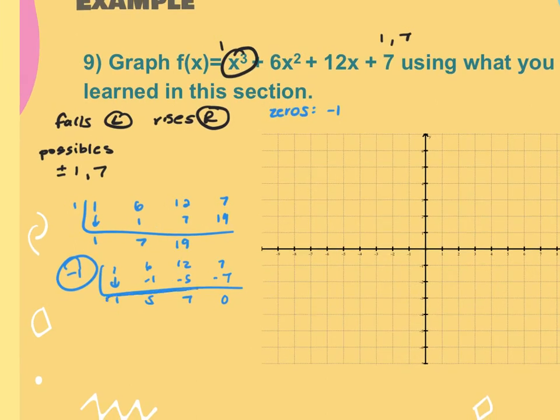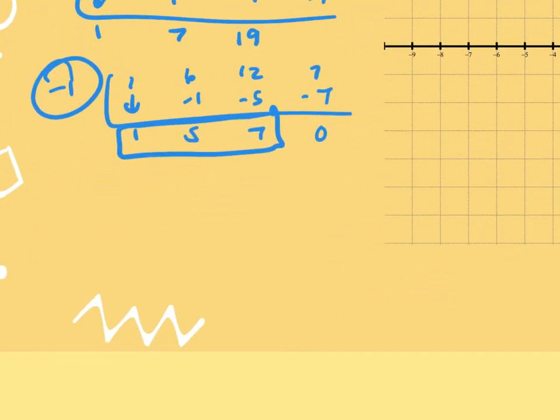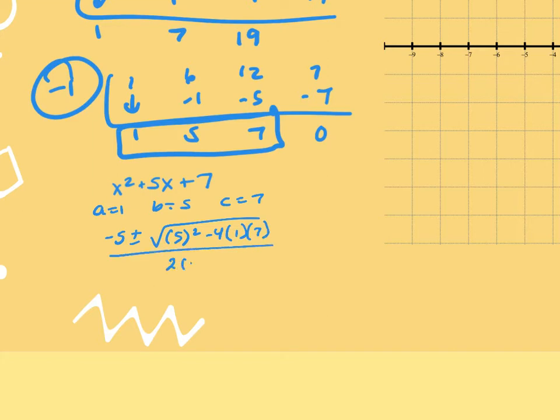Then I look at my quotient here, ignoring the remainder, which is x squared plus 5x plus 7. This is not factorable, so a is 1, b is 5, and c is 7. Negative 5 plus and minus the square root of 5 squared minus 4 times a times c all over 2 times a.